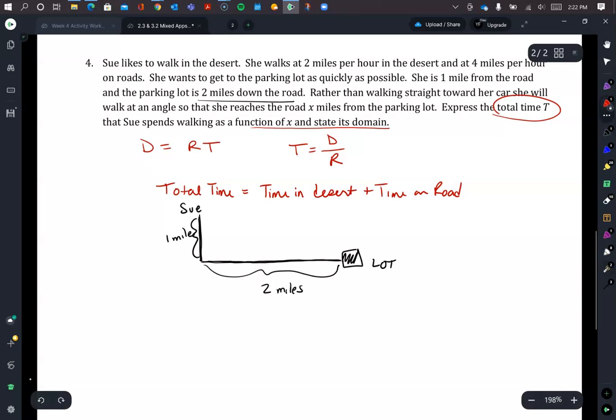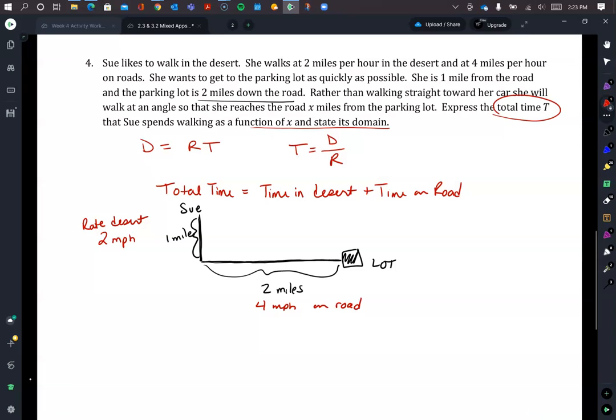So let's jot that down somewhere. 2 miles per hour is her rate in the desert, so we'll call it rate desert. And then she's got 2 miles on the road, but she's going faster, 4 miles per hour on road. So we want to jot down those notes.